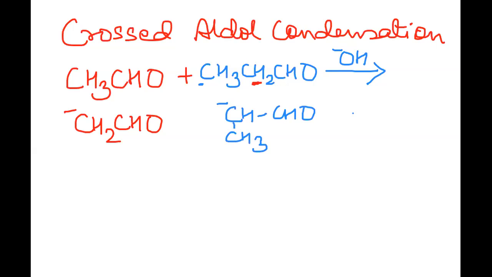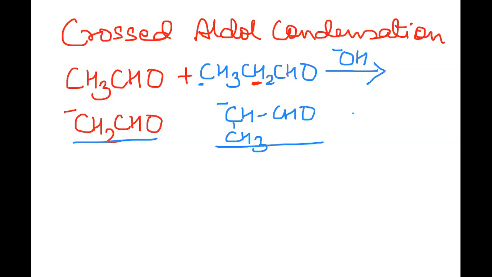Now you have two nucleophiles. One is this one and one is this one. Now each of these nucleophiles is capable of attacking the substrate molecules which both contain the aldehyde group. Each of these is capable of attacking the carbonyl carbon of both of these groups, that is the acetaldehyde aldehyde group and the propanaldehyde aldehyde group.